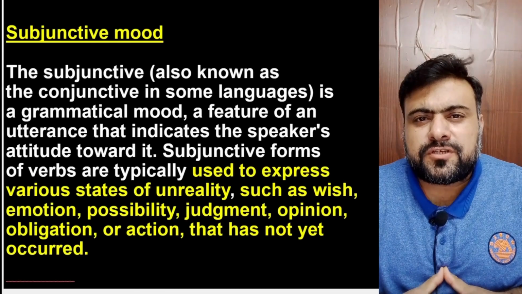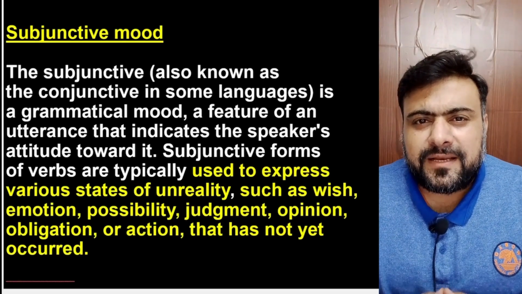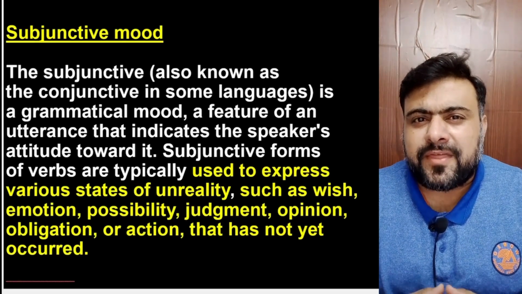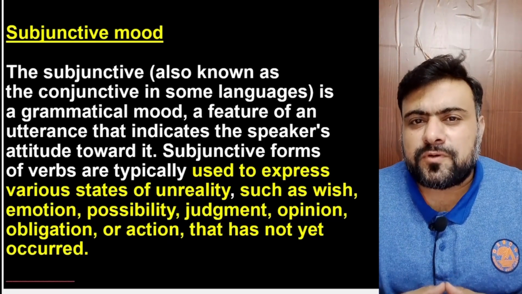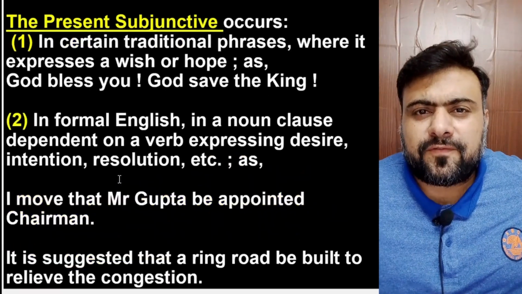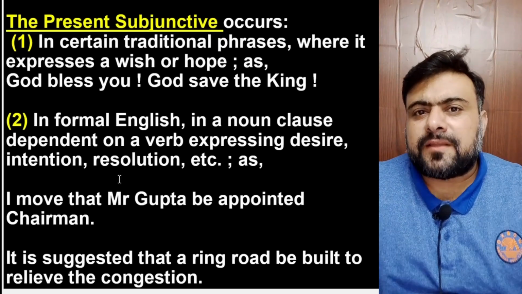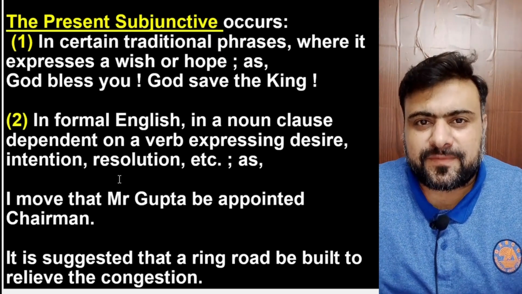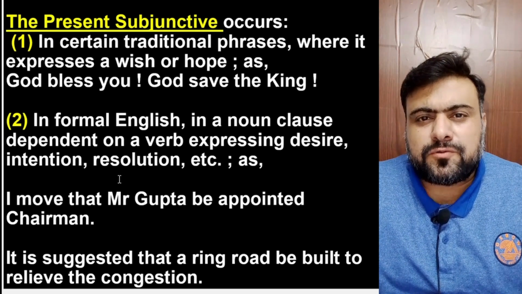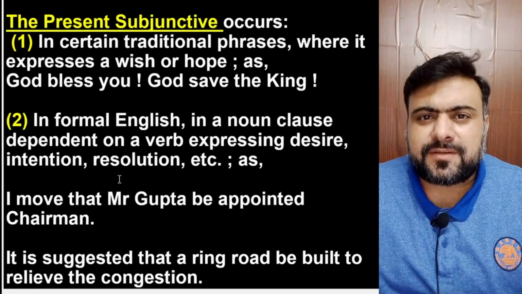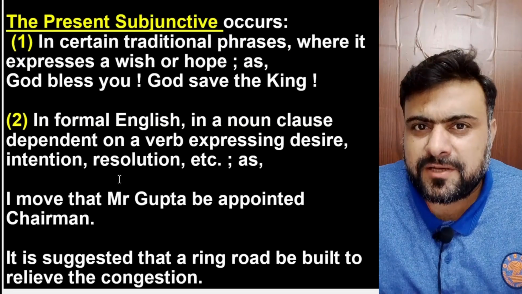This mood is used in formal English. In informal English, it is not used that much. In formal situations, this mood is used. There are two kinds of subjunctive moods, the present subjunctive and the past subjunctive. In the present subjunctive, the verb is used in the present tense, and in the past subjunctive, the verb is used in the past tense.